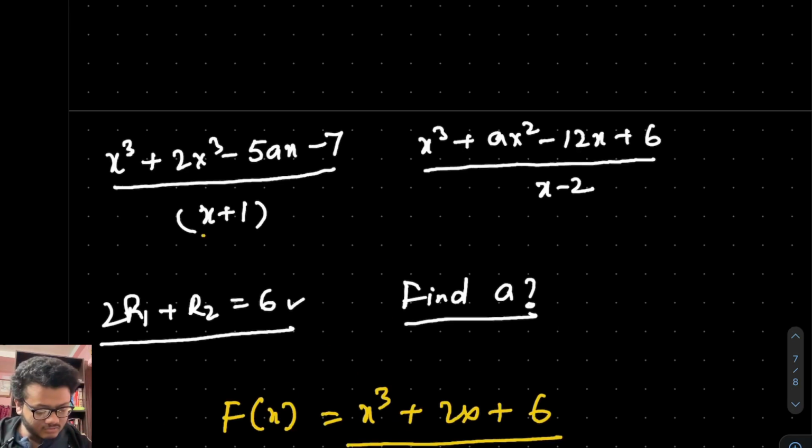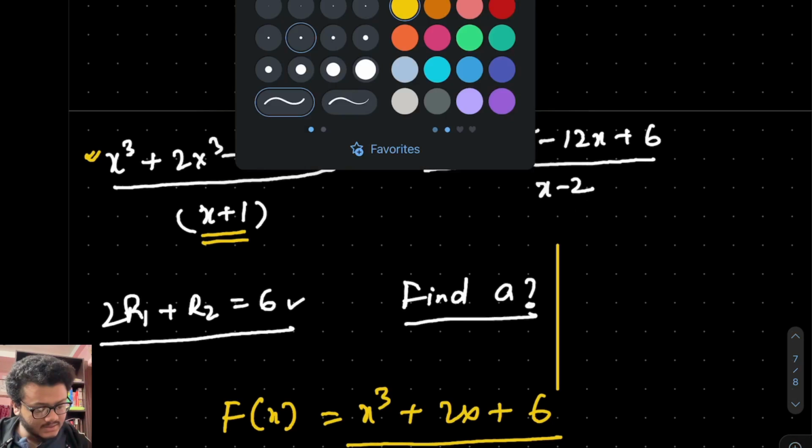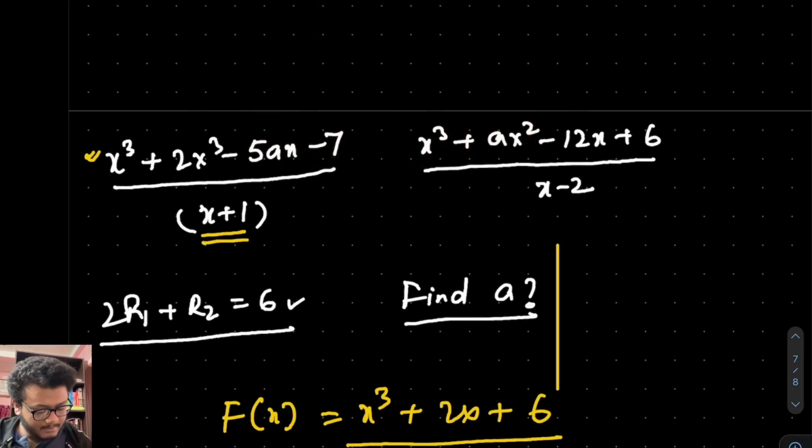So when this expression is divided by x plus 1, what we will get is minus 1 cubed, plus 2 into minus 1 squared plus 5a minus 7, and this is equal to R1.